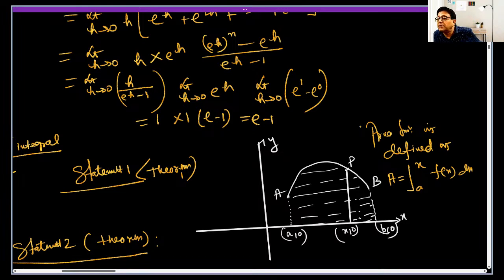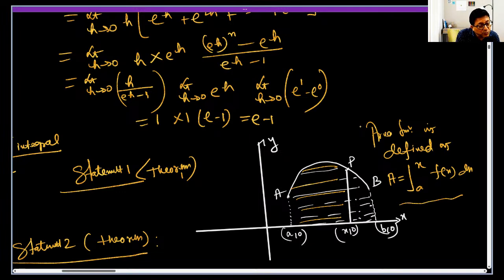This is called area function. A to B f(x) dx is the total area, but when we go before that, I mean this portion we consider, not the whole area. x may be equal to B also, but then we are getting total area. When you write A to x, it is a function of x. This is called area function.